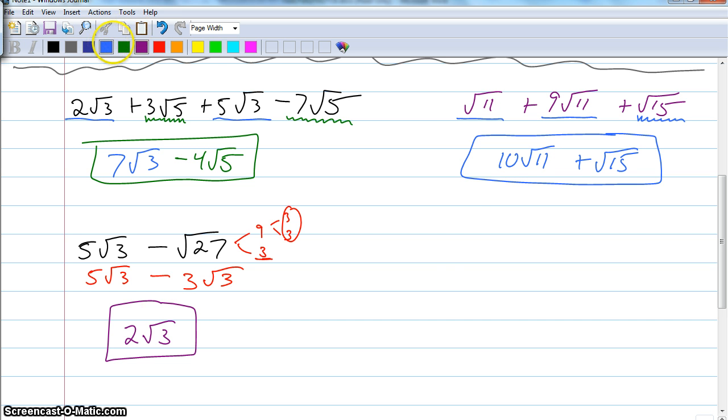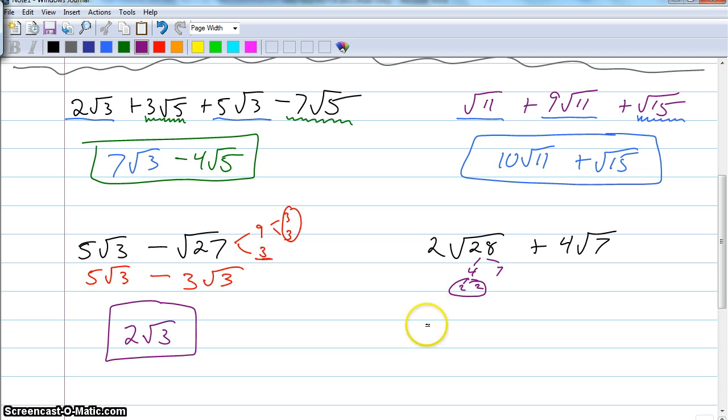Let's try another one. How about 2 root 28 plus 4 root 7. They're definitely not the same. But does root 28 break down any? Root 28 breaks down to 4 and 7, 2 and 2. So a 2 comes out.